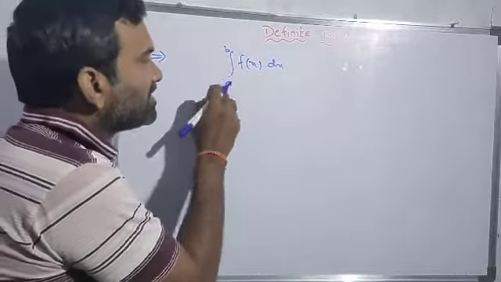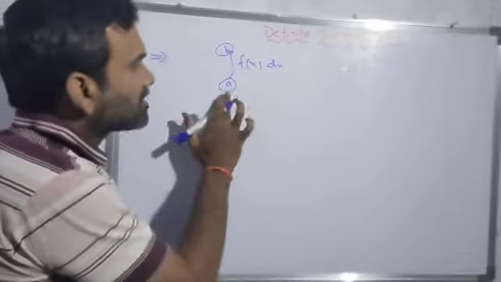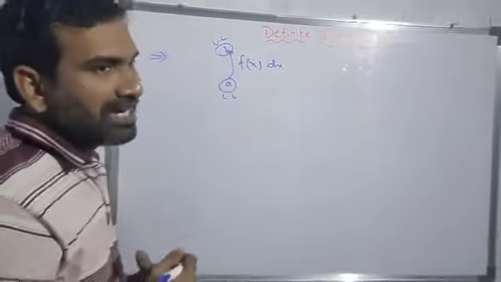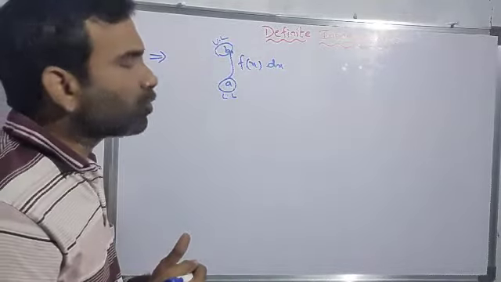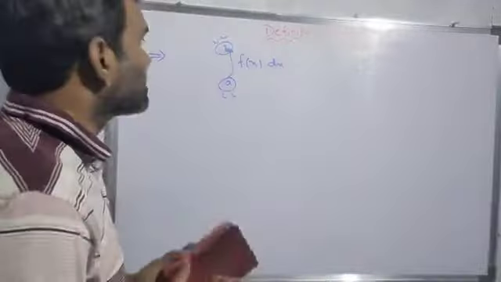In our previous unit we did not have the limits. This is called the lower limit and this one is called the upper limit. It is read as integral from a to b of f of x dx.